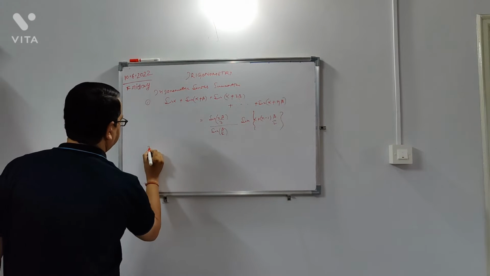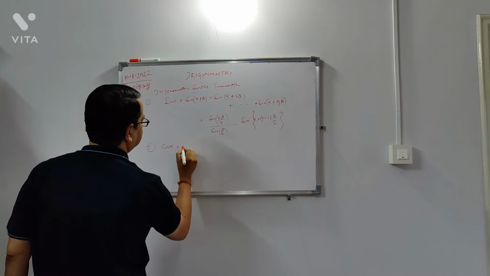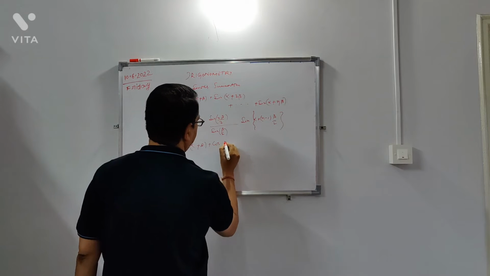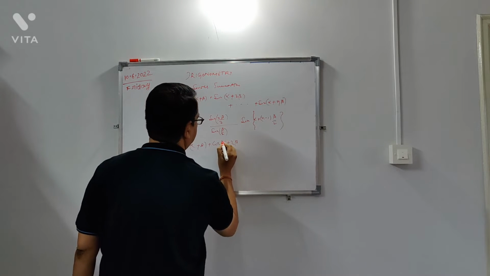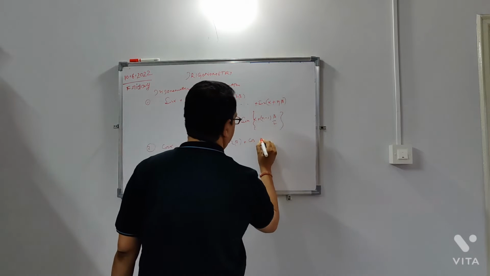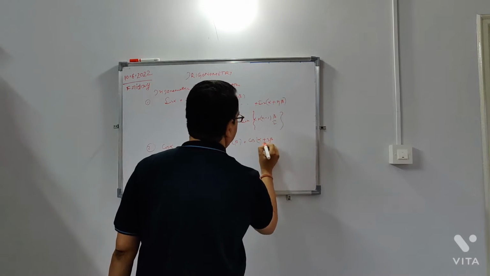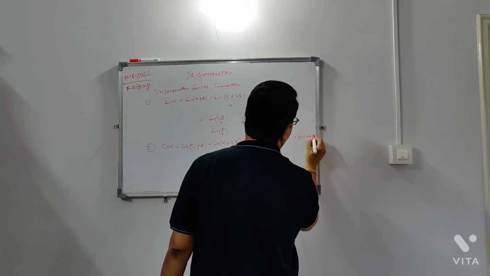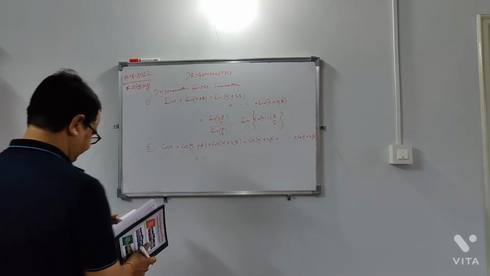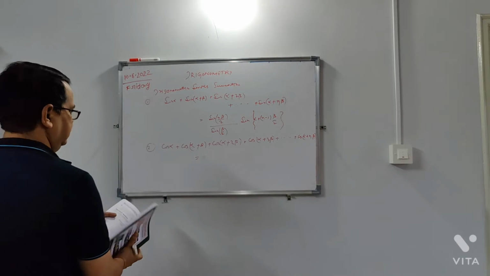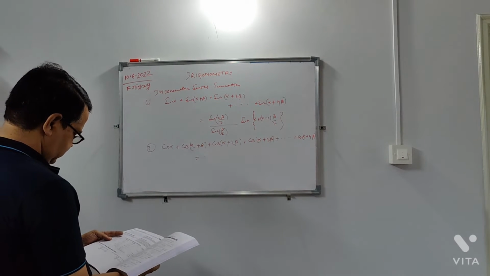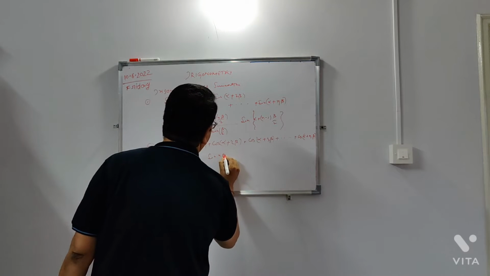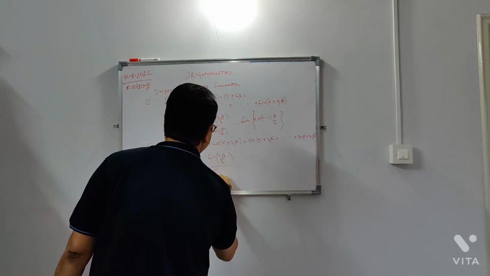Similarly for cos. So cos alpha plus beta plus cos alpha plus 2 beta plus cos alpha plus 3 beta, likewise it goes on to cos alpha plus n beta, is equal to sin n beta by 2 divided by sin beta by 2.